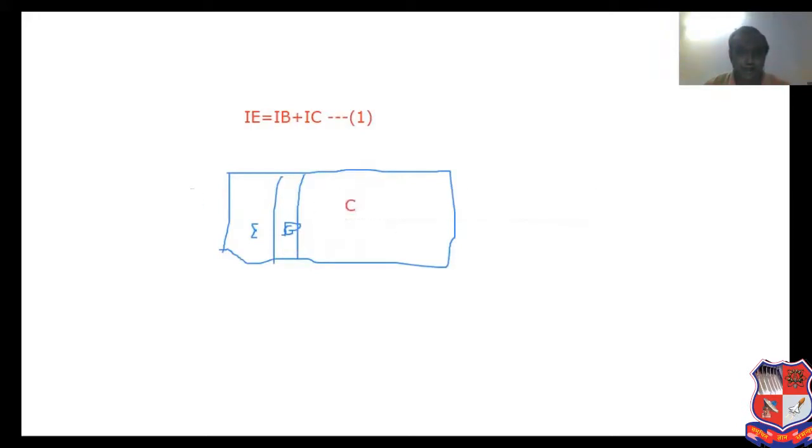Now, if we apply the reverse bias voltage, meaning the positive terminal is connected with the emitter, the negative terminal is connected with the base, and here also we apply the reverse bias voltage.